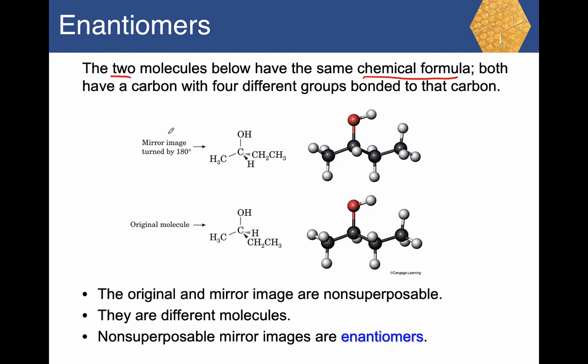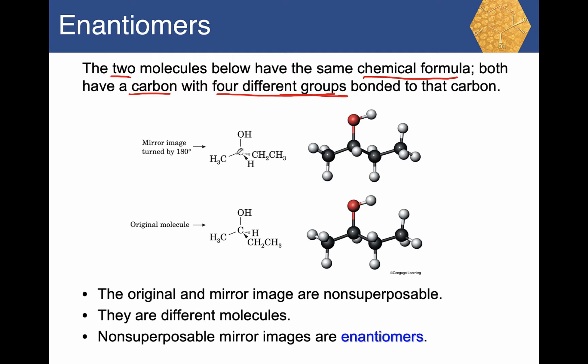Another important observation is that there is a carbon with 4 different groups. So once again, I should remind you, as you go through organic chemistry and become a better scientist, one important aspect is the ability to make observations. We make conclusions based on observations. So here is an important observation about these molecules. There is a carbon with 4 different groups.